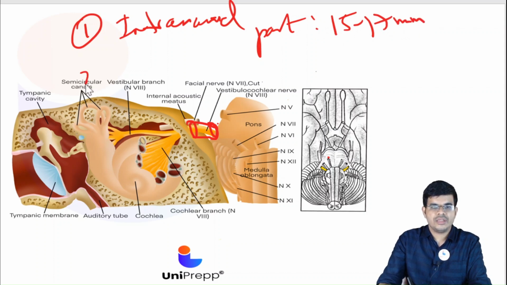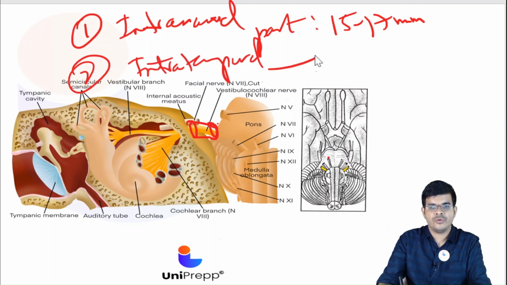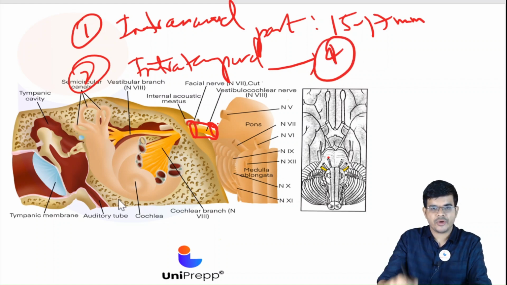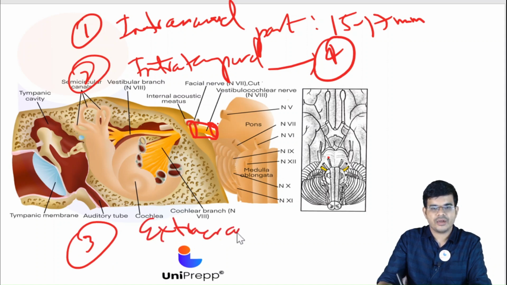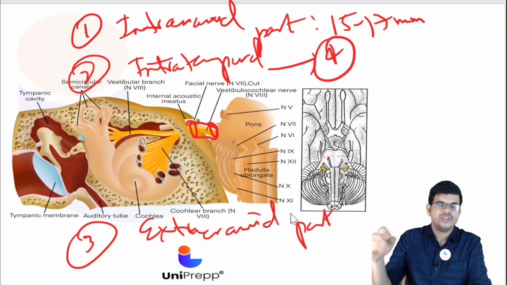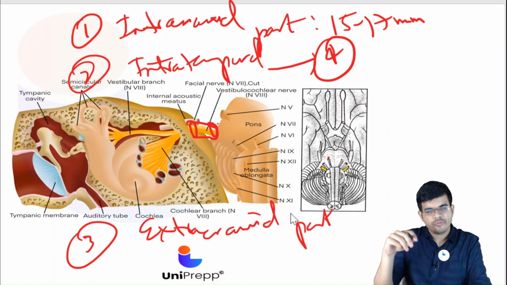Then you have the intratemporal part, which is further divided into 4, that we will be discussing in detail later on. And the third part is the extracranial part. So this is how you divide the facial nerve.